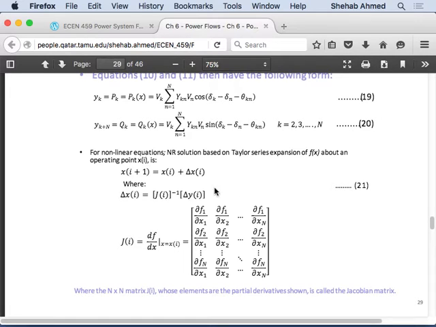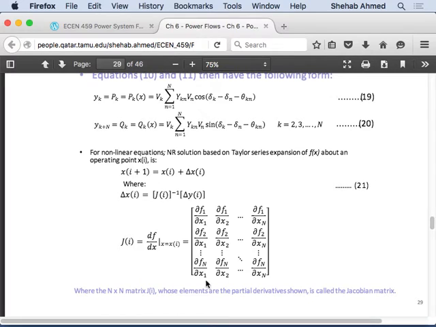So I'm looking at the sensitivity of real power at bus 1 to angle at bus 1, real power at bus 1 with respect to angle at bus 2, real power at bus 1 with respect to voltage at bus 3 or 4 or whatever. So I'm looking at the differentials of my y of x's with respect to my variables.